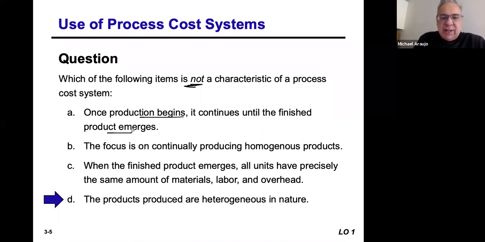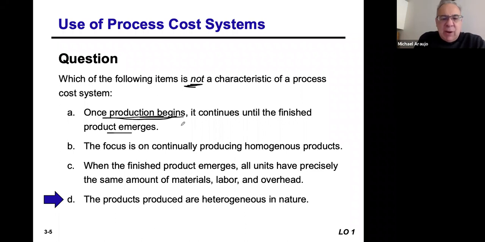So that's the finished product. Once a bottle of Coke or Pepsi pops out, you can sell it. It's done. So unlike work in process that you saw, which takes a bit more time for some manufacturing, this production line, once it starts, spits out a finished good.